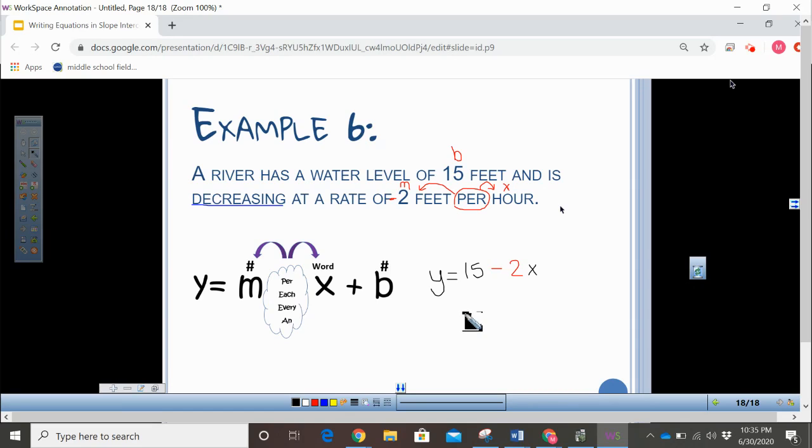So I can write it as y equals 15 minus 2x. So I start with 15 and I'm decreasing 2 feet per hour. 15 minus 2x.